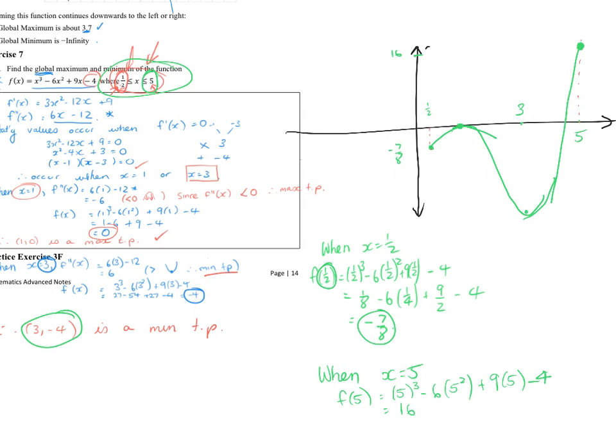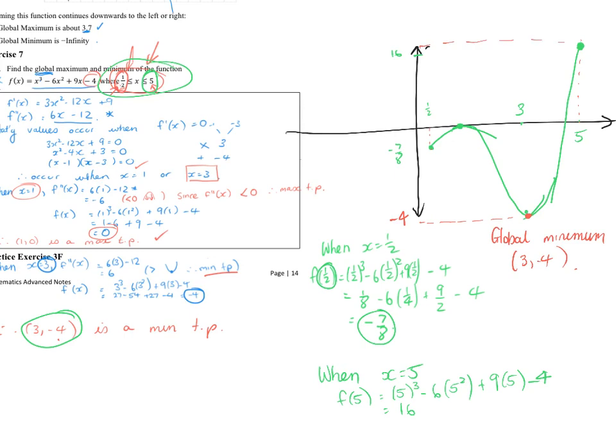So let's have a think about the absolute minimum of that graph. It is down here. What was that value? That was when x equals 3, so that's minus 4. So this is the global minimum, (3, -4), and this is the global maximum.